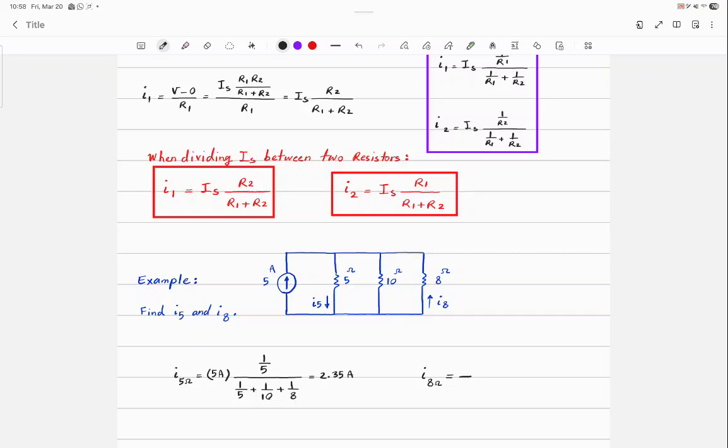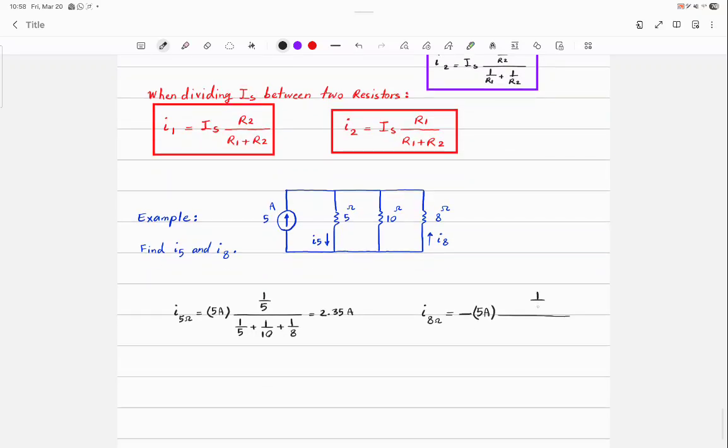So, negative, then 5 amps, 1 over 8 divided by 1 over 5 plus 1 over 10 plus 1 over 8. And it's equal to negative 1.47 amps.